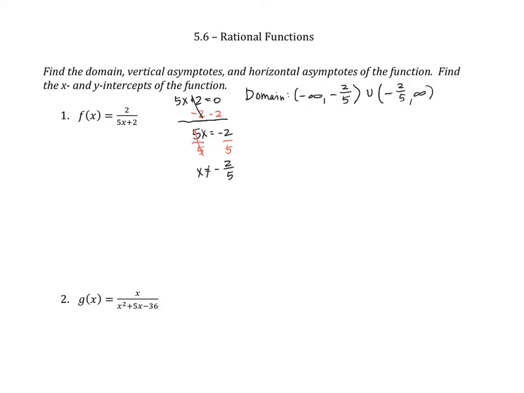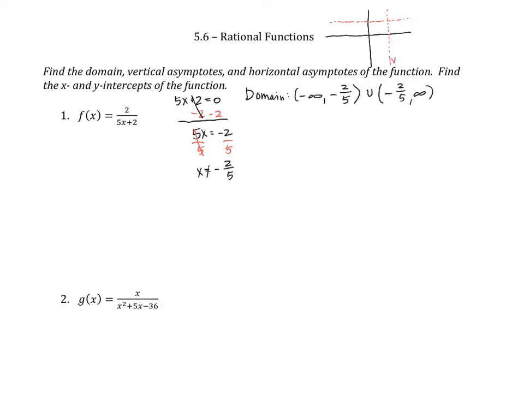An asymptote, when you have a graph, is kind of an imaginary line that the graph almost never crosses. Sometimes it does. You could have a vertical asymptote and you could have a horizontal asymptote.